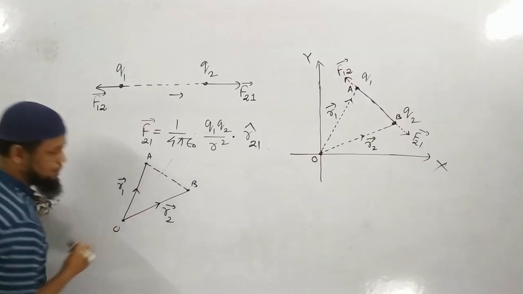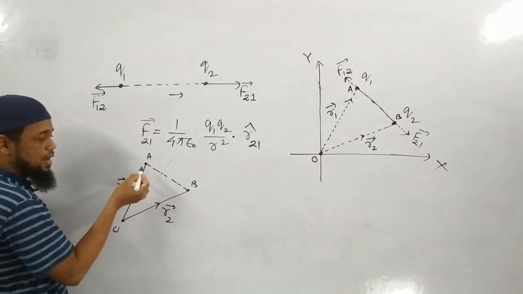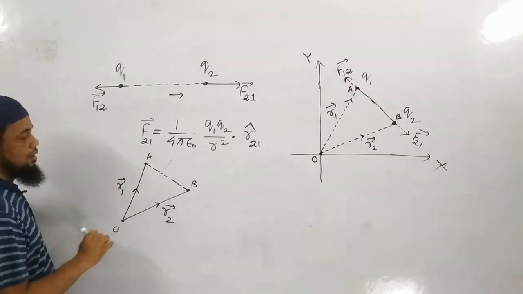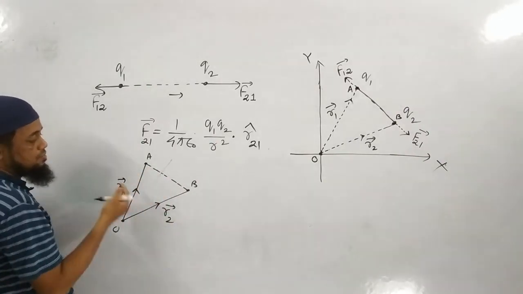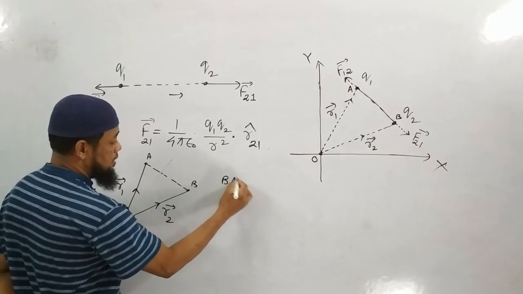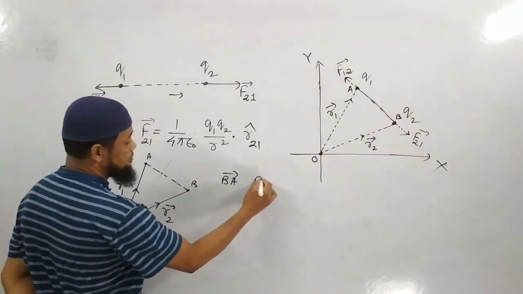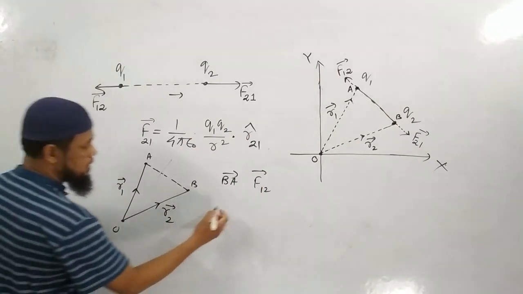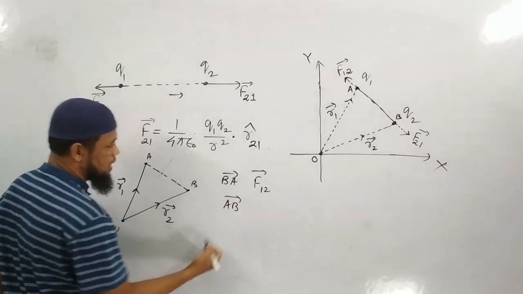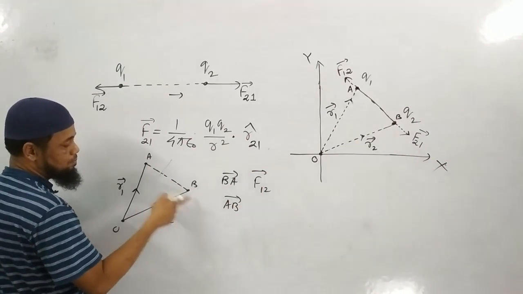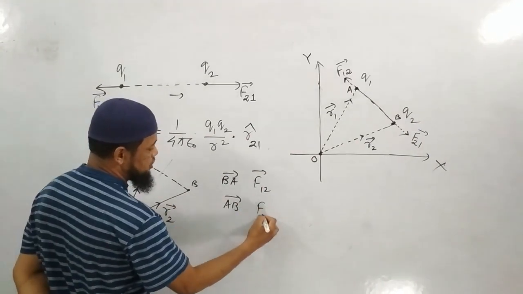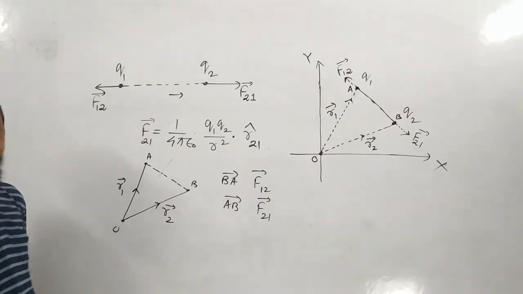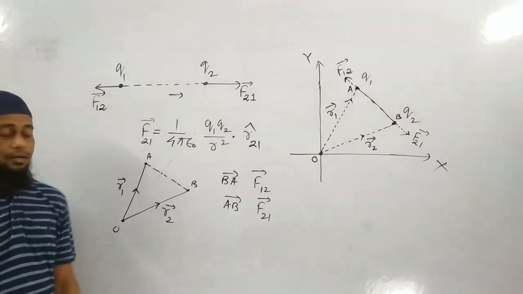This is R2 bar. Then the third vector I can call AB bar, or I can call BA bar. If I call BA bar, it is in the direction of F12. Or if I call it AB bar, that's going from A to B, it is in the direction of F21 bar. Is it clear?